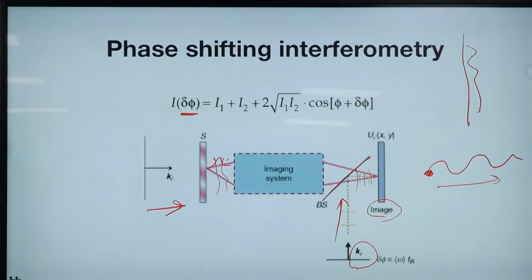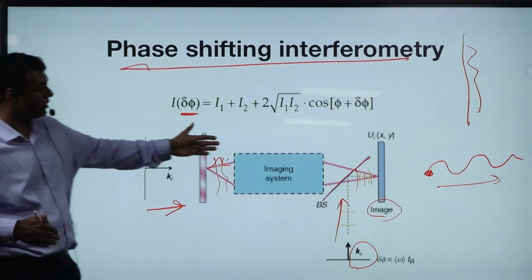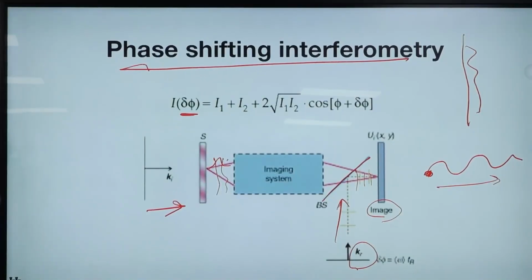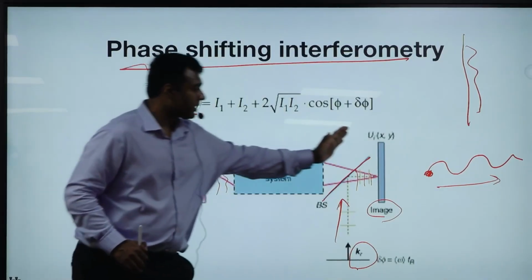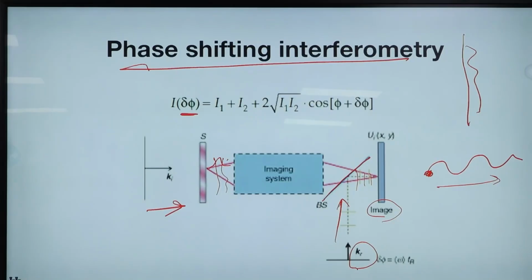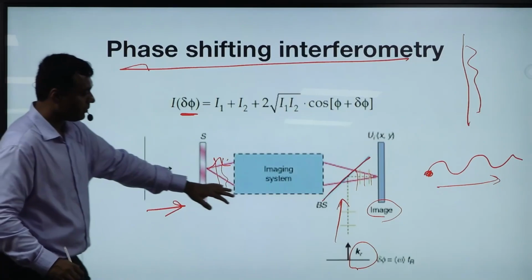This is what is called phase shifting interferometry. Once you record this, you take the magnitude square, measure the intensity, put a camera sensor or a detector there, and get an image. What you get at the end is basically a picture which has both magnitude and phase. But the only thing, this is something we have done before, right?